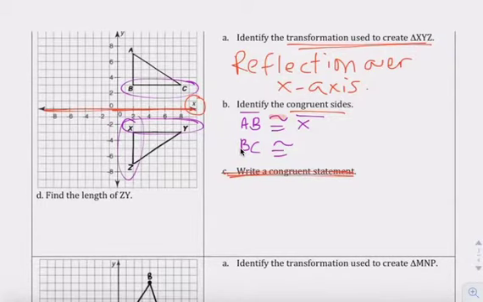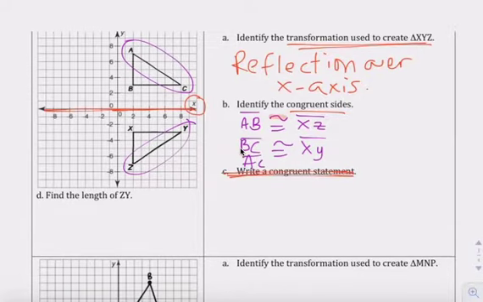I wrote too fast, because this is XY. And then our last congruent statement is AC is congruent to YZ, ZY. AC is congruent to ZY.